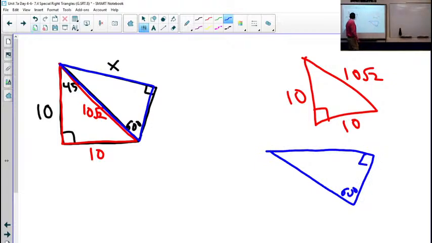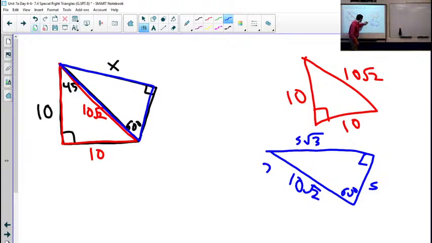60. And guess what? I know one of the sides because we just got it from the 45-45-90. So it transfers over, and it's still 10 root 2. Reflexive property. And now I can label my 30-60-90 parts. This is S. This is S root 3. Here's what I'm looking for.